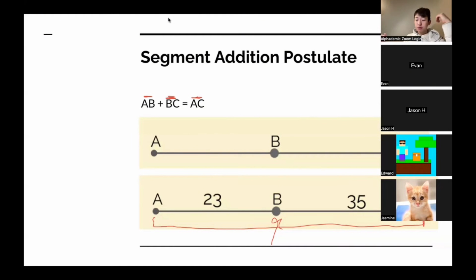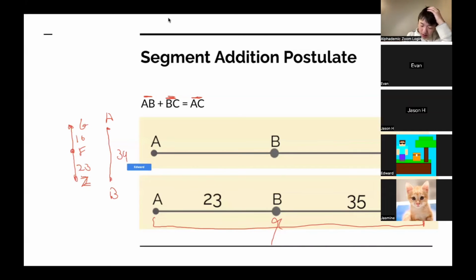Geometry is just proofs. And when you're trying to prove, say this is G, F, and then Z, let's say. And this is like 16, and this is 23, and you're trying to prove that it's equal to this line, let's say AB, which is 39.